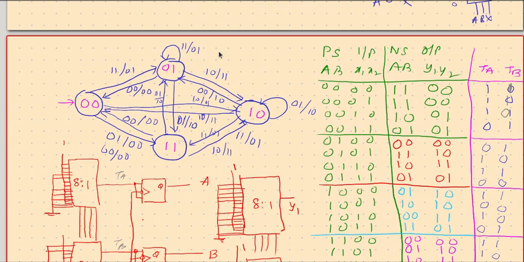Instead of writing 10, I could say only x1. So if only x1 is there, do this.